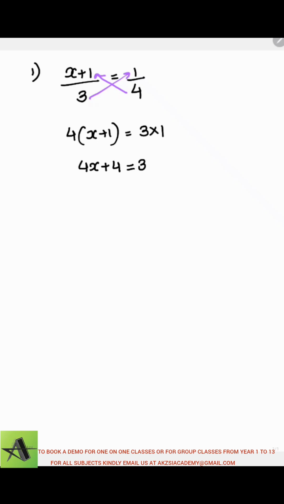Now transposing, you need to move 4 onto the right hand side. So this will be 4x equals 3 minus 4. The answer is 4x equals negative 1, and x is negative 1 over 4.